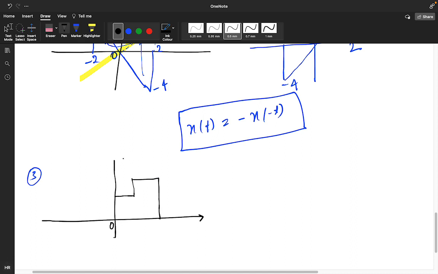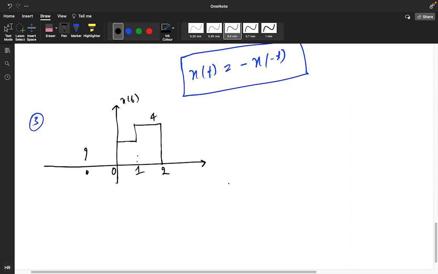This is your x of t. This particular is 4 and this value is 1. This value is 2. And you need to find the other half part. So how you will do it? How you will do it, guys?